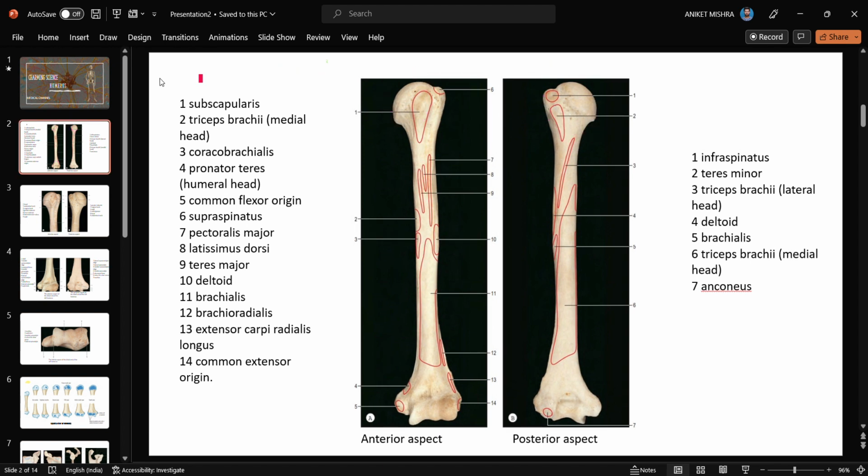So when we look into the bone, the upper head, we'll talk about the attachments later.